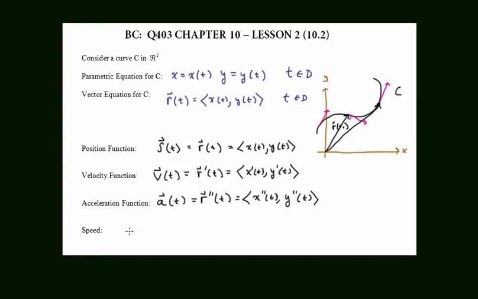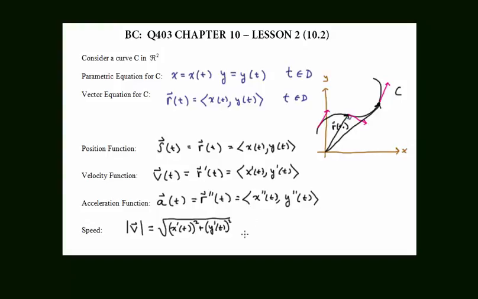For speed, speed is simply the magnitude of the velocity vector. So that's going to be the square root of x prime of t, the x component of the velocity vector, squared, plus y prime of t squared, the y component of the velocity vector.